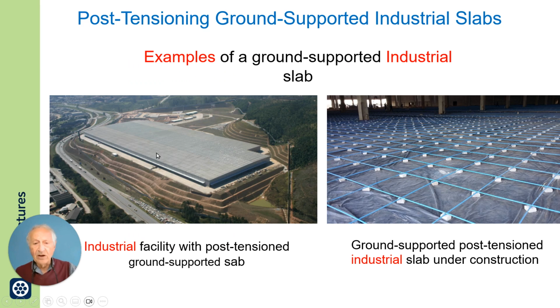The example on the left is an industrial building finished in Brazil with ground-supported industrial post-tension slab, and the image on the right shows such a construction ready to receive concrete. It's all detailed and ready.